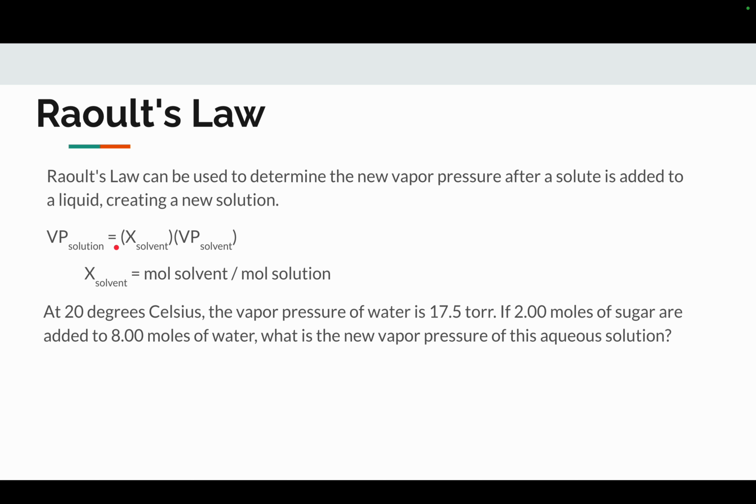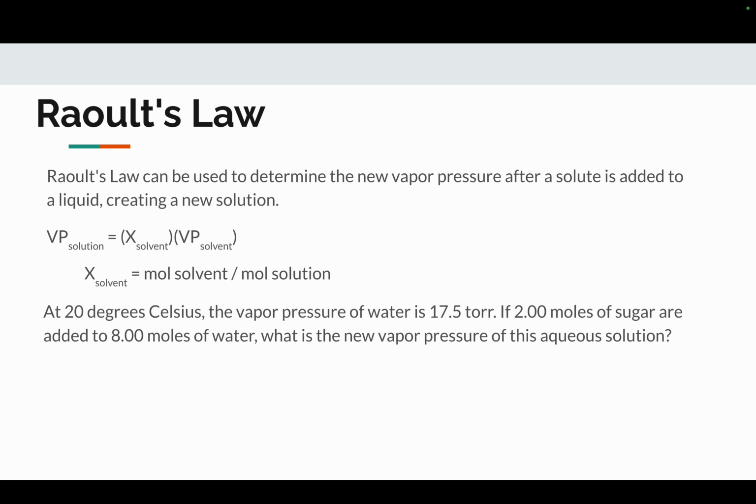The mole fraction of a solvent is the number of moles of the solvent divided by the moles of the whole solution. Not just the liquid, but you also need to include the solute too, the salt that you're adding. From there, you figure out the mole fraction. All you do is multiply that by the original pressure of just the solvent, and you can figure out the new vapor pressure of the solution.